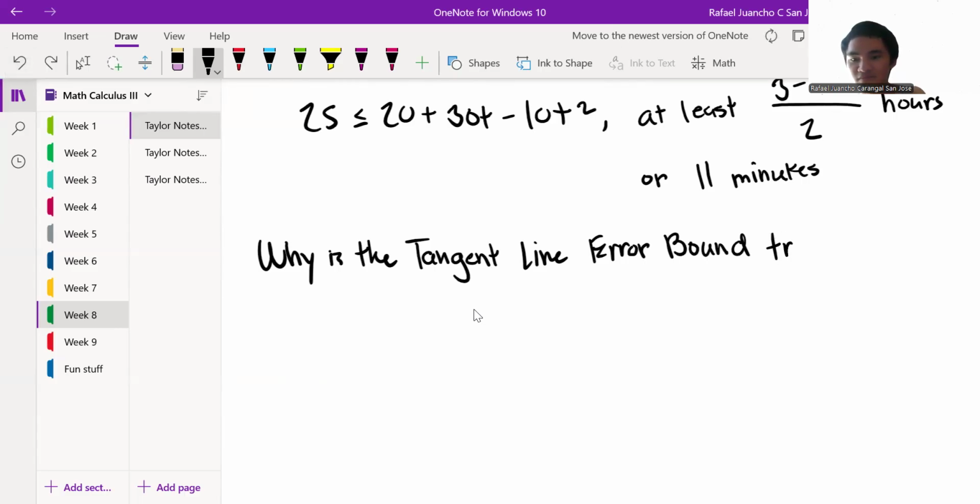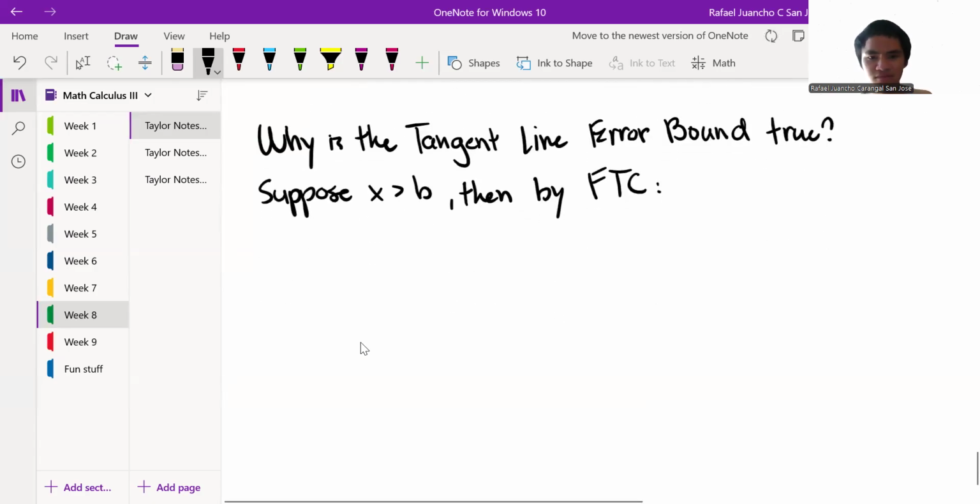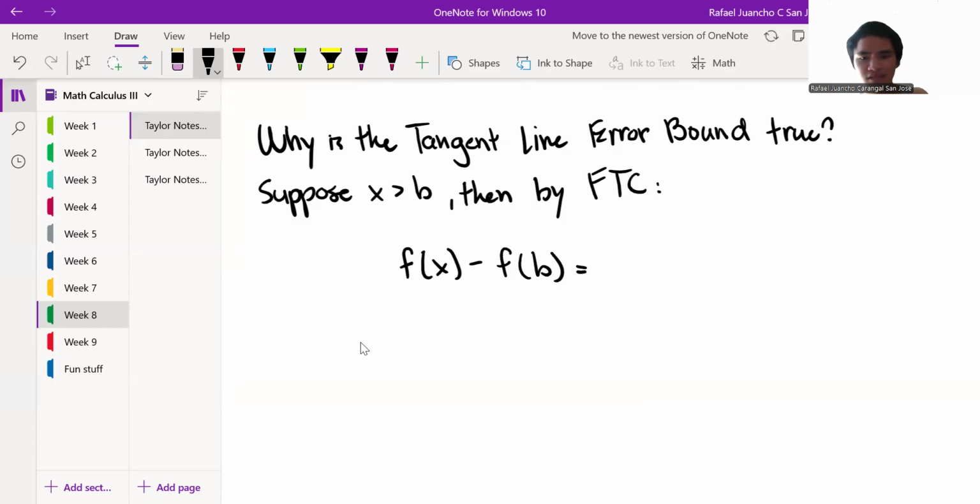That's funny. What makes this thing true? So here, suppose that our x is greater than b, our desired input b, then by FTC, the fundamental theorem of calculus, we have f of x minus f of b is equal to this thing, dt.